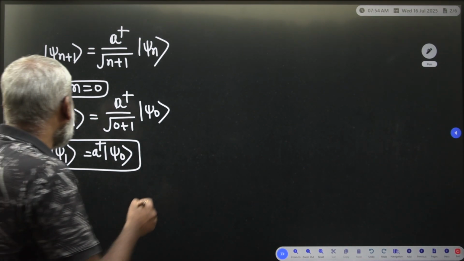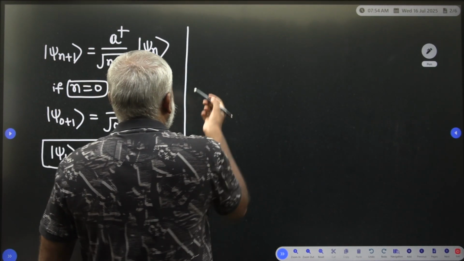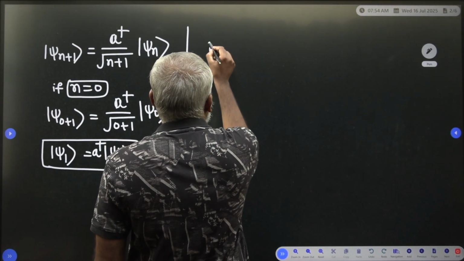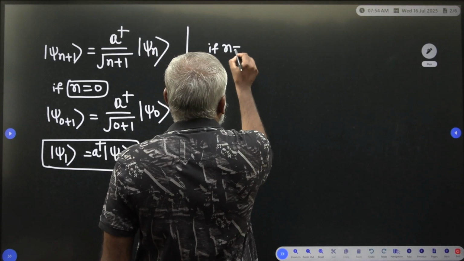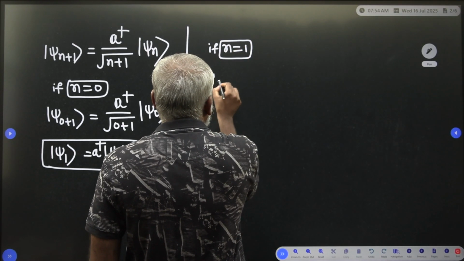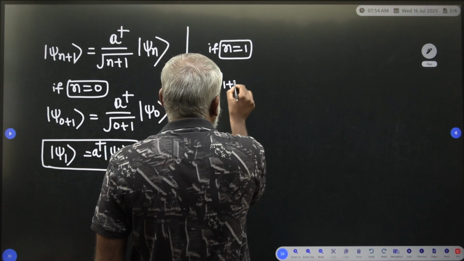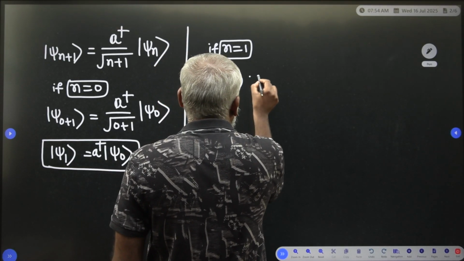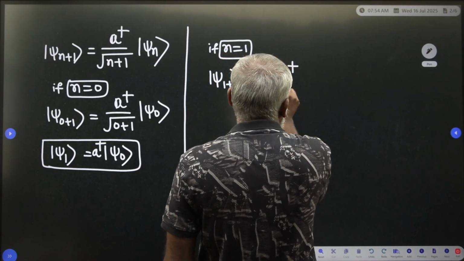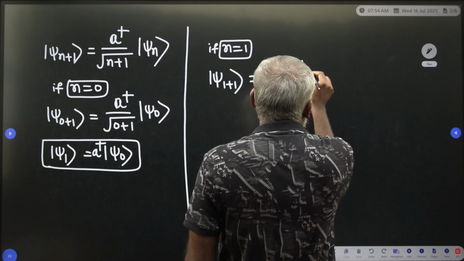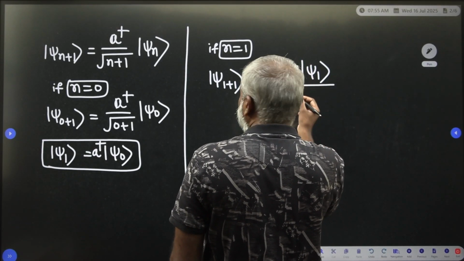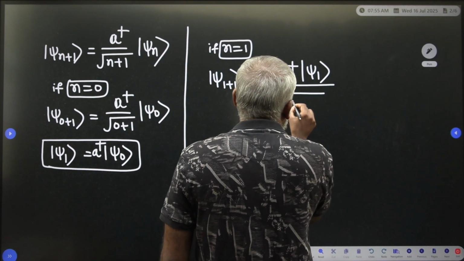Clear? Now, if n is equal to 1, you have to consider what is going to happen. Ket psi 1 plus 1 is equal to a dagger into ket psi 1 divided by square root of 1 plus 1.